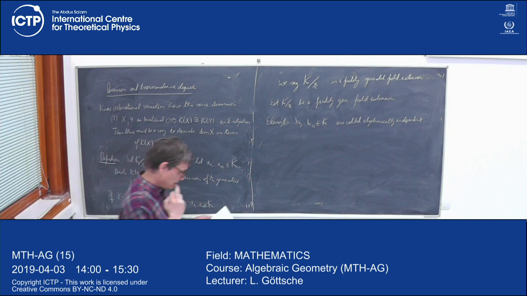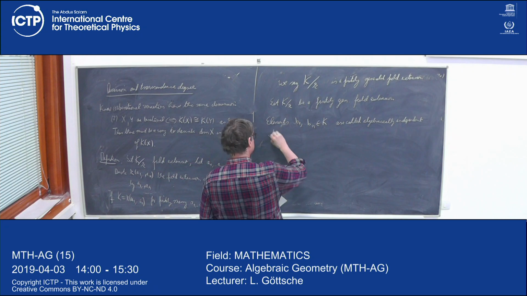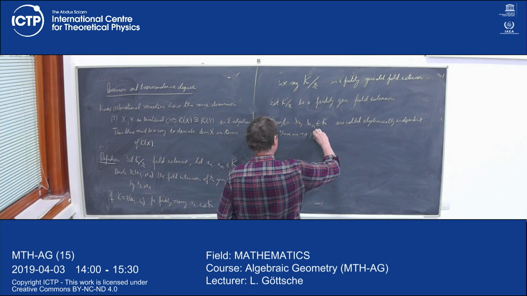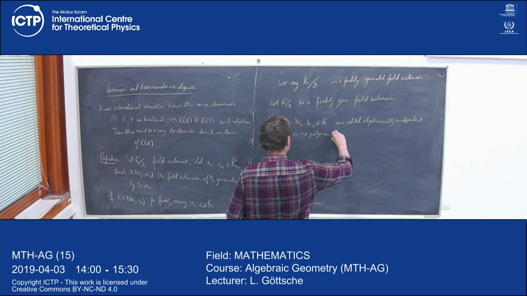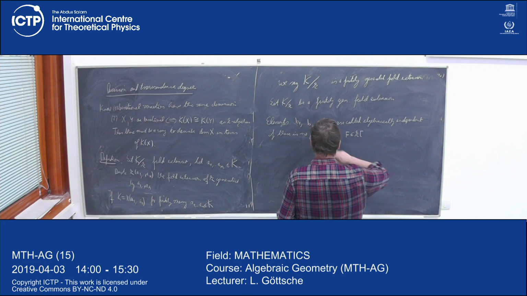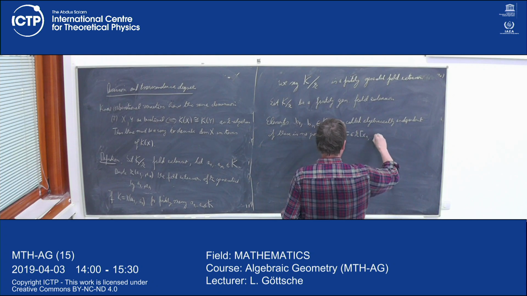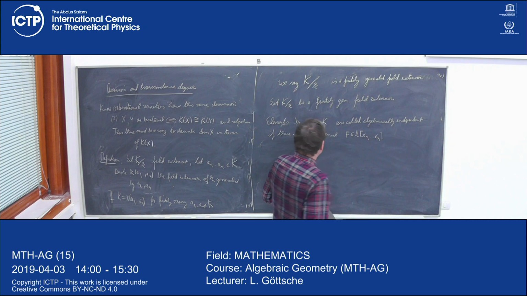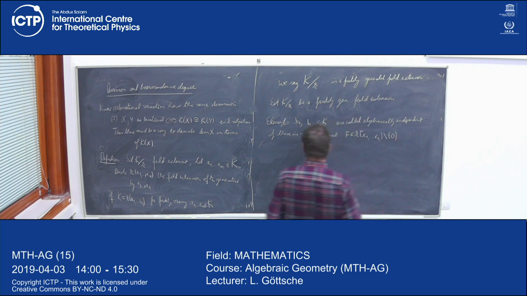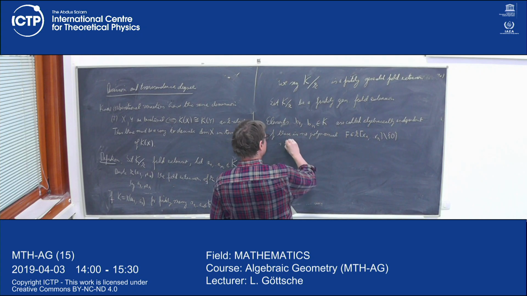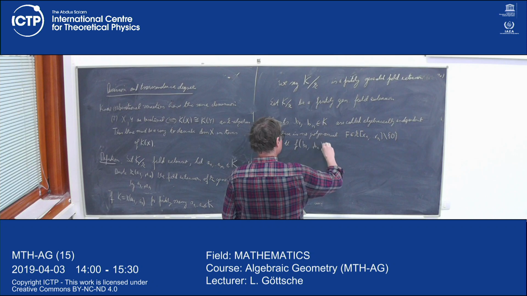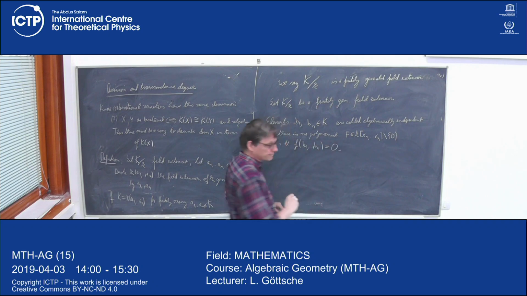So that means if there's no polynomial f in as many variables as I have here, and obviously not the zero polynomial, such that f of b1 to bn is equal to 0.